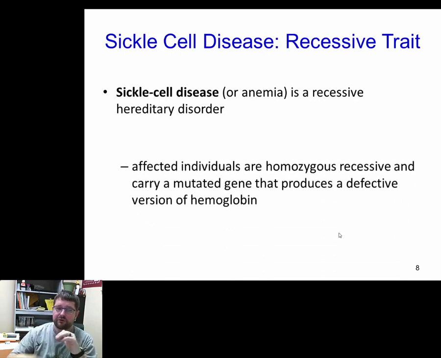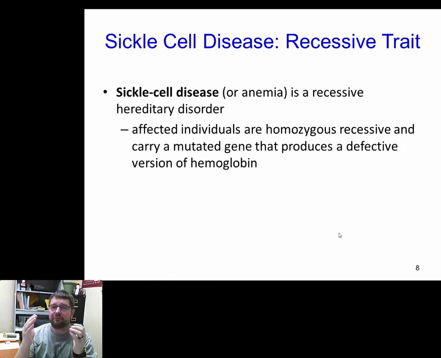The result is a misshapen red blood cell, instead of being plump and round, it is sickle shaped, so it kind of looks like a moon, I guess. And that's really the defect of the hemoglobin.